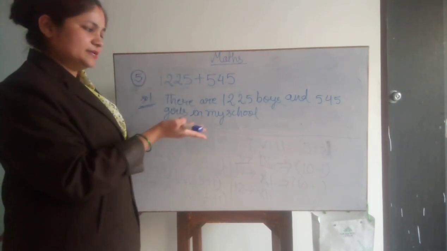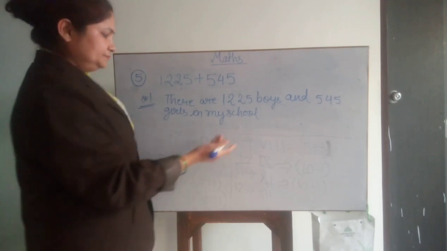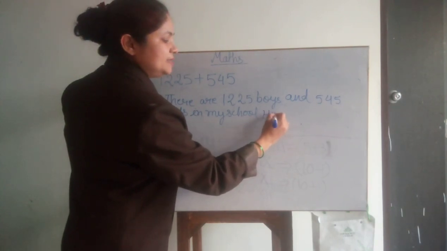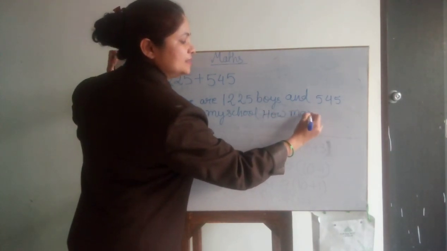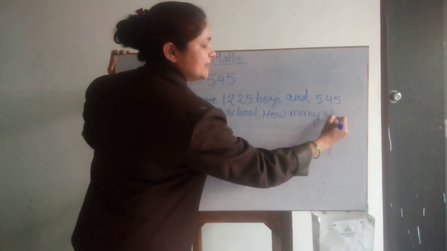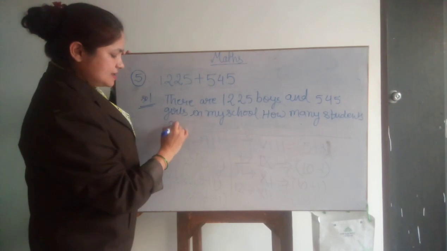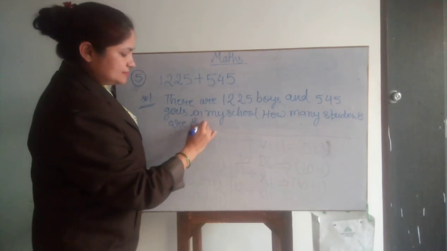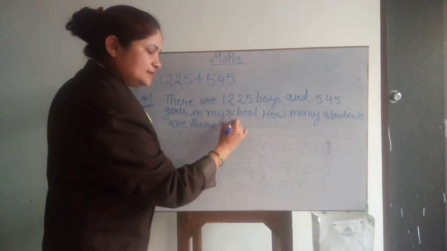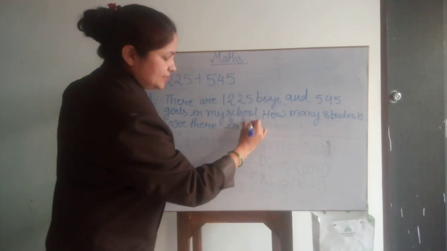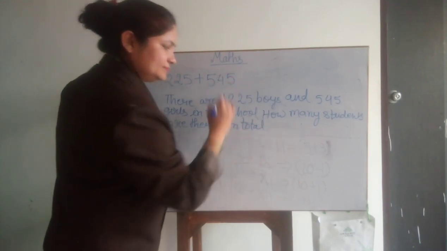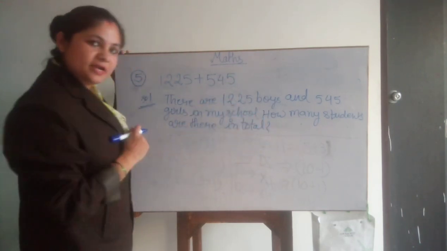Now addition, you have to show the addition. So just one sentence also we can make right now. How many students are there in total? Got it?